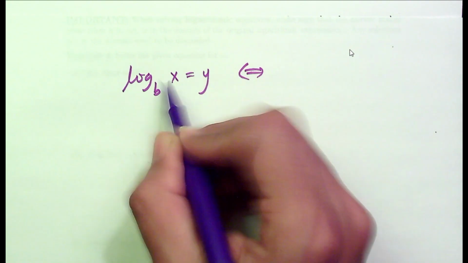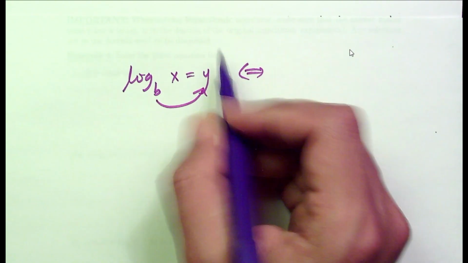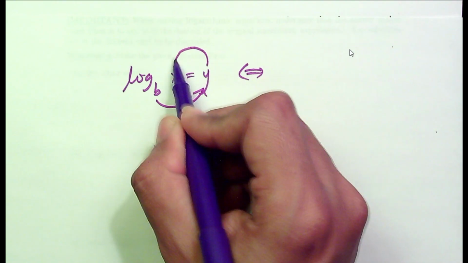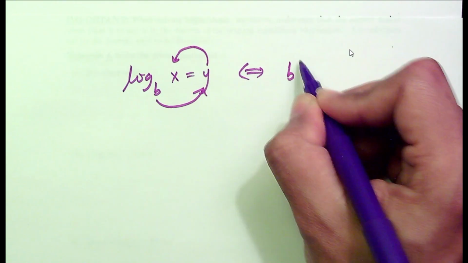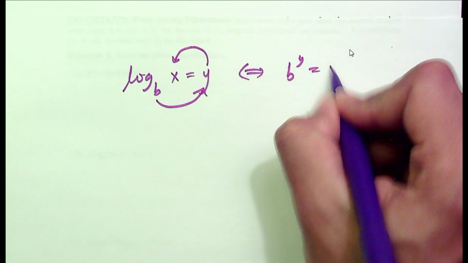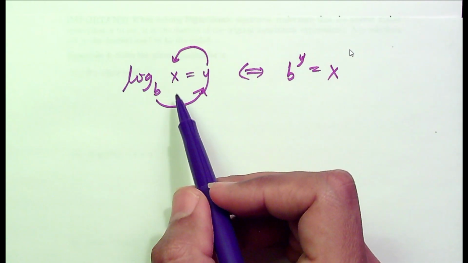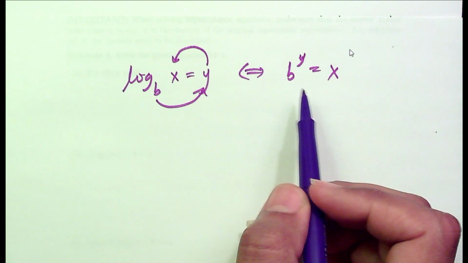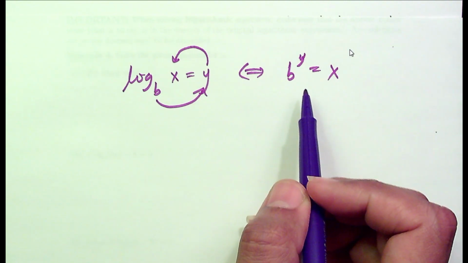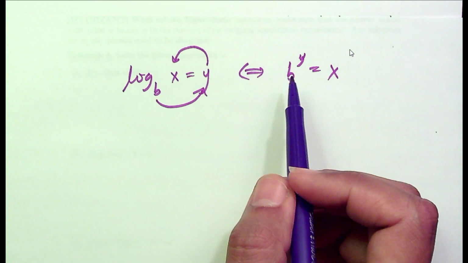It's like a circular diagram. This means that b to the y, you go full circle, equals x. So b to the y equals x. So you can take any logarithmic equation like that and reinterpret it without logarithms, and that helps in solving logarithmic equations.